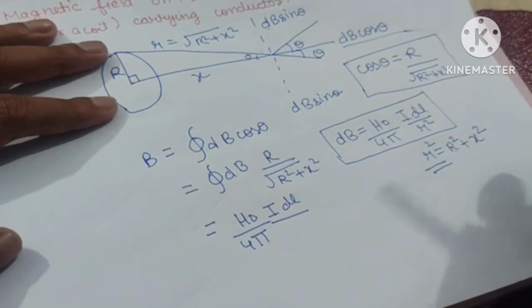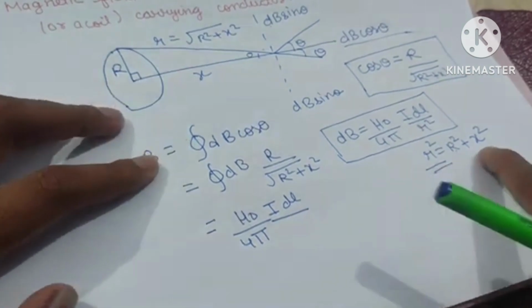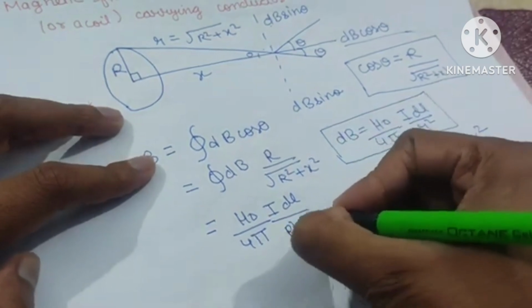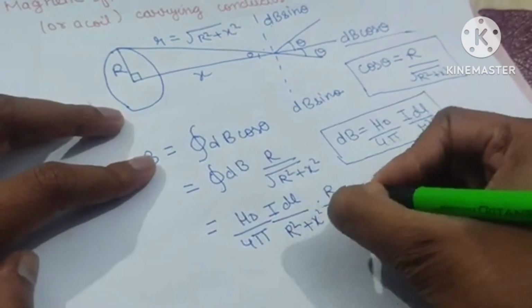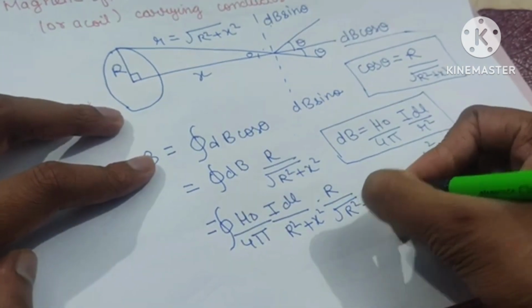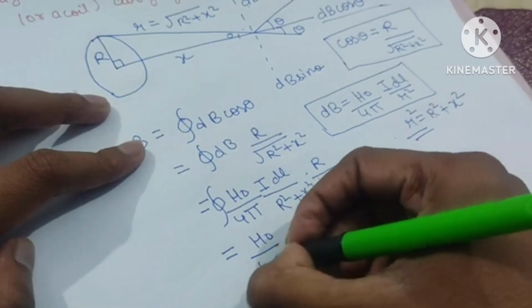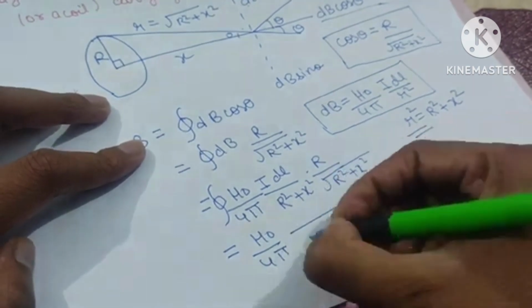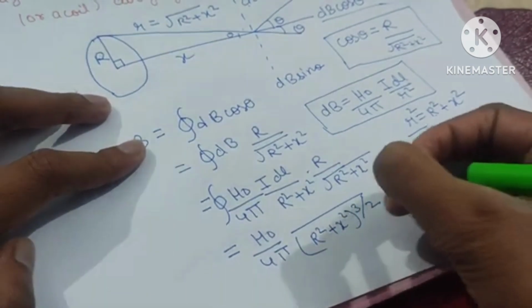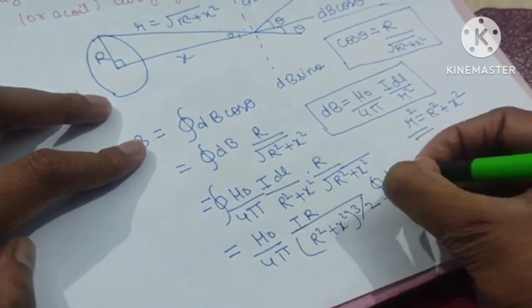When we multiply, it will become (R square plus x square) to the power 3 by 2, with I R and the closed integral of dl.